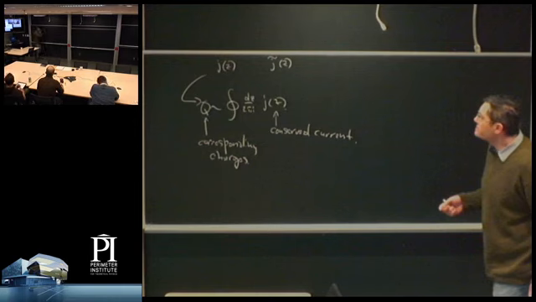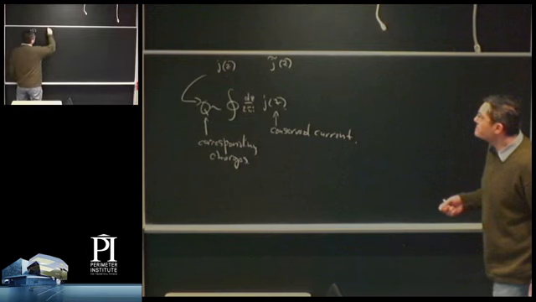Okay, so let's go back and recall where we ended. If we have a conserved current, it has a holomorphic part and it has an anti-holomorphic part.